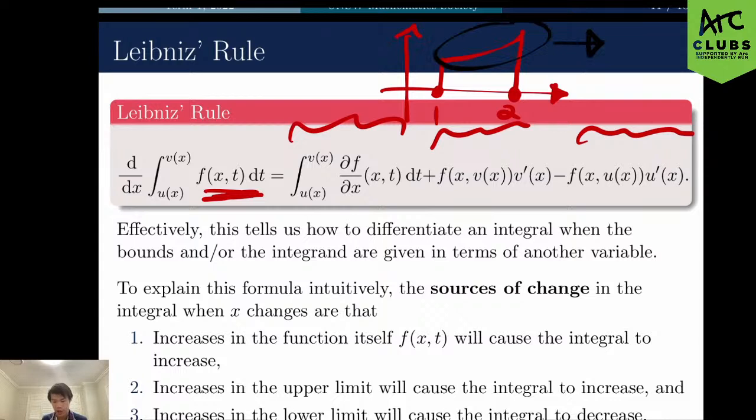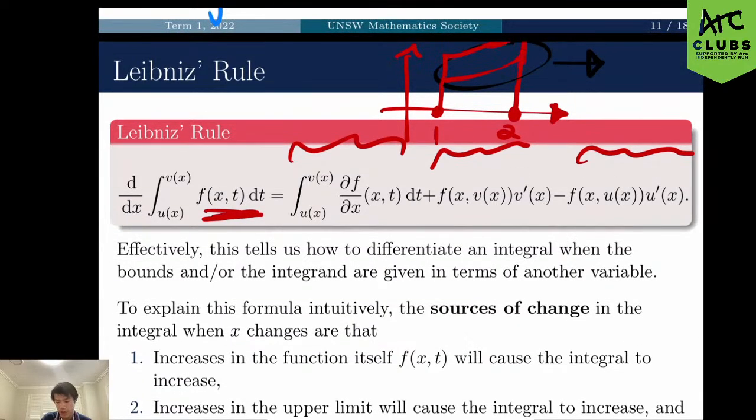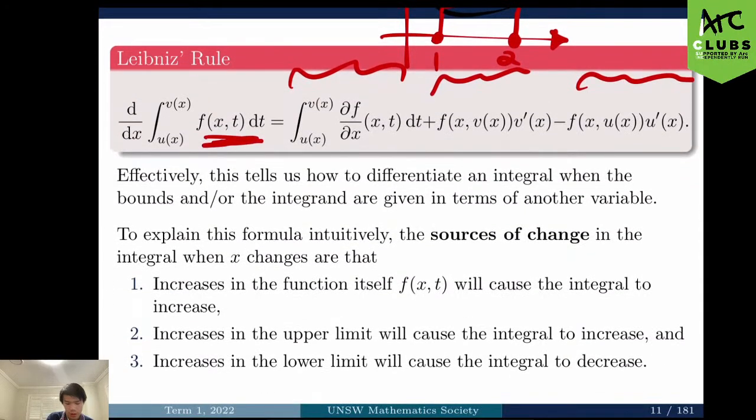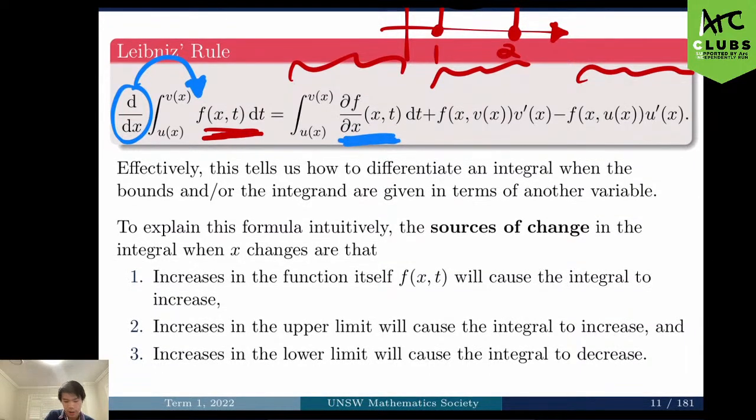If this function increases when x increases, then you can kind of see that the integral will always increase as x increases, right? So that's why we have this first term. The first thing we do is we move this inside, and basically we've got the integral of the derivative with respect to x.